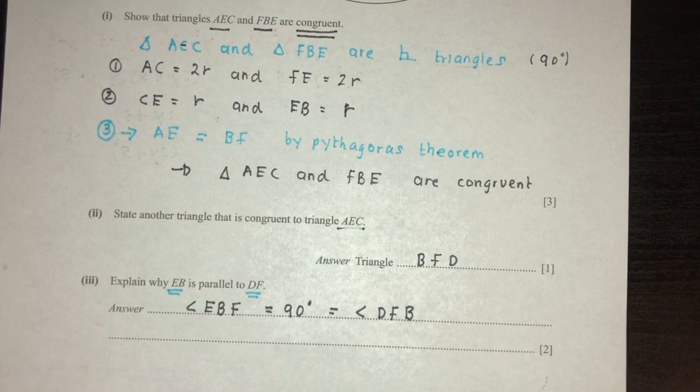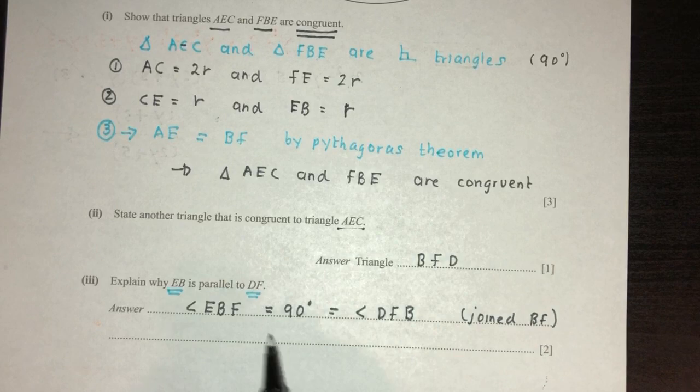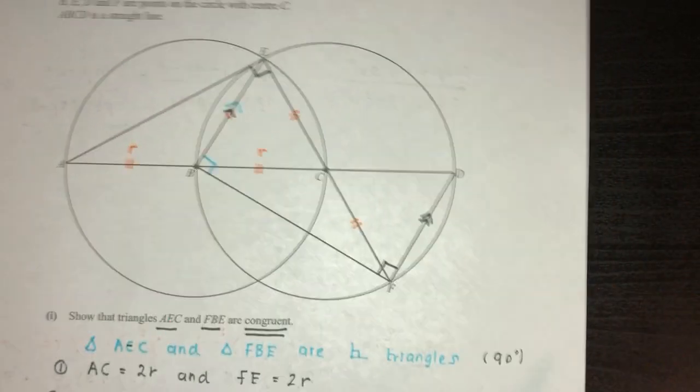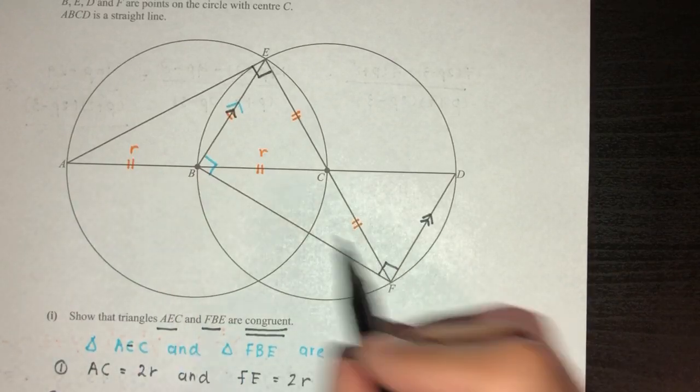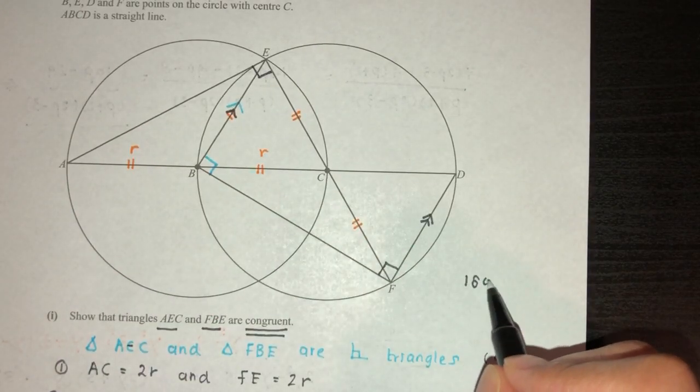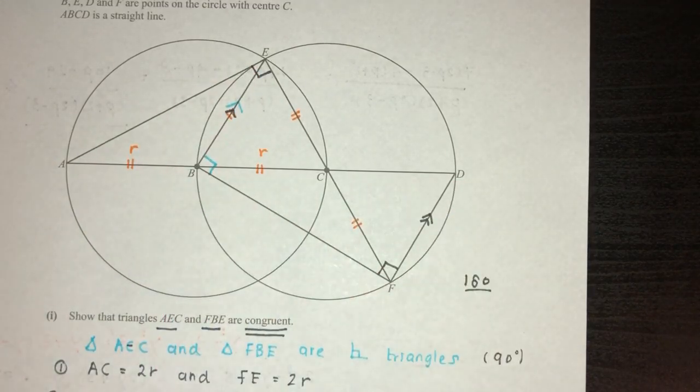Okay, that is one of the reasons, and of course because the points B and F are joined by BF, right? Because of this main reason, as you can see here, these 2 angles, their sum is 180, right? Because 90 and 90, the sum is 180. They have to be parallel with each other. That's what it means basically.